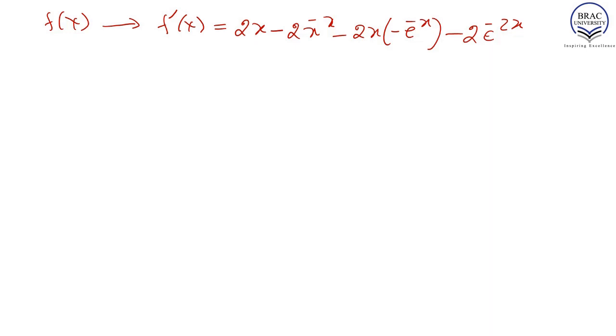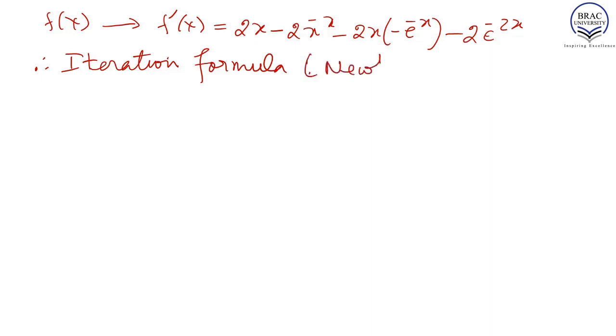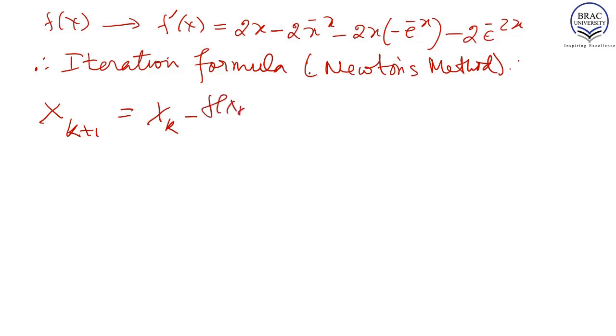So from here, using these two, we can compute our iteration formula. The iteration formula, by Newton's method of course, will be x k plus 1 equal to xk minus f of xk divided by f prime of xk.